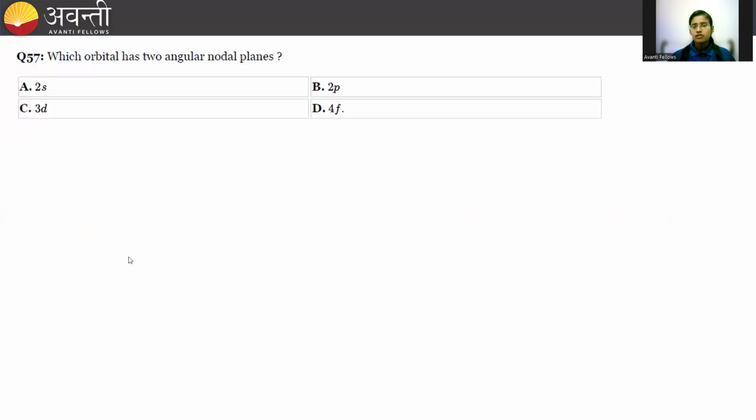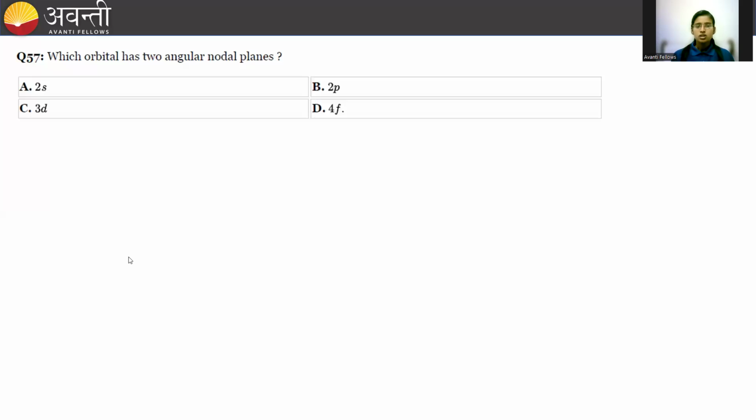Question number 57 of your question paper. Which orbital has 2 angular nodal planes? So to find out the nodal planes, to find out the angular nodal planes, we have one formula. So the nodal planes is always called as angular nodal planes, or I can call this as angular nodes also.